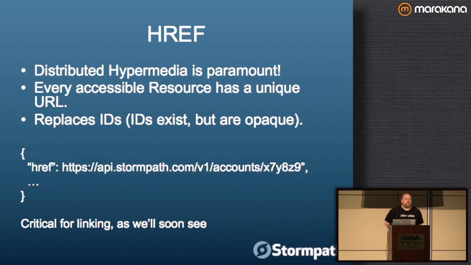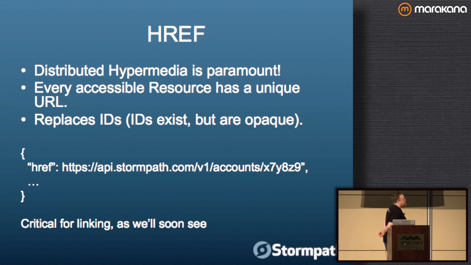This is what makes the web work at a global scale. I can reference a link on Google's website just as easily as I could on Yahoo's. And I have the ability to reference these links and then traverse the links and maybe traverse very large content graphs. And it's this notion of linkability or distributed hypermedia that makes this possible. And so you really want to retain this property or this behavior in your REST API.